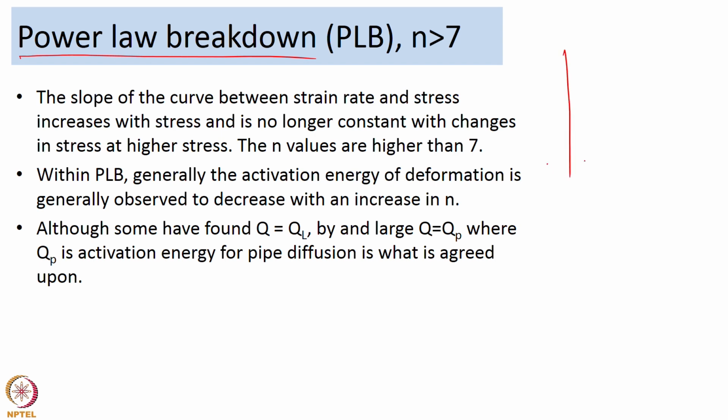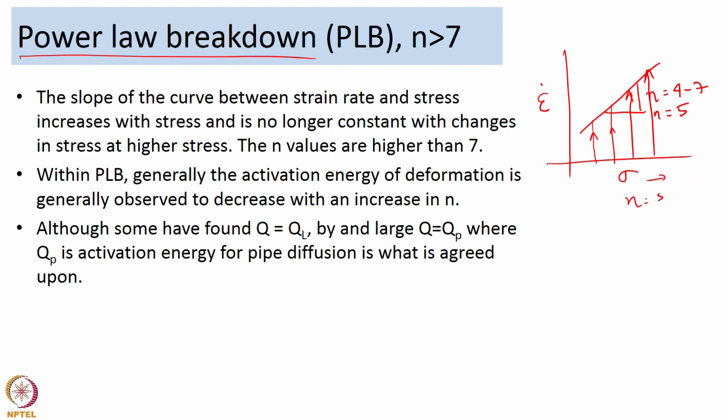What the statement means is, if you have epsilon dot versus sigma in the power law creep regime, you will have n equal to 4 to 7, so let us take an example of n equal to 5. Here n equal to 5 does not change irrespective of the increase in stress. The stress increases, but the slope continues to remain constant at n equal to 5.